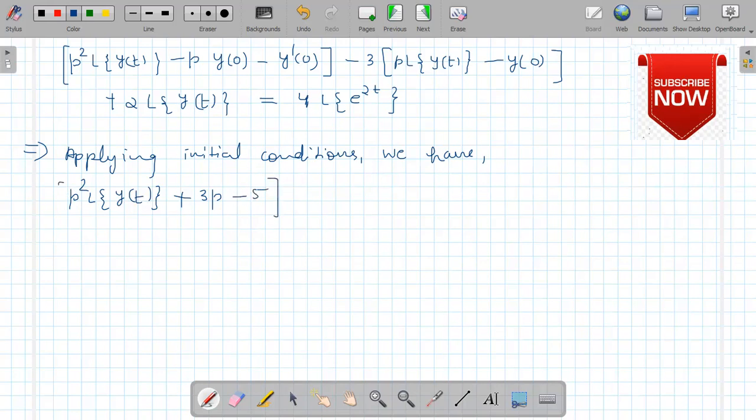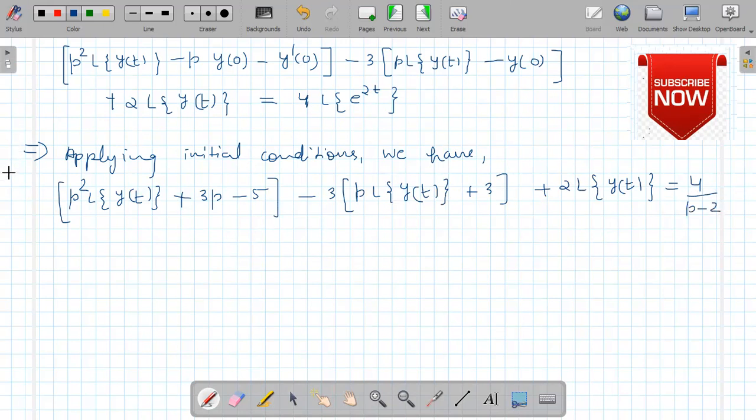Okay, minus 3 p into L of y(t) minus y at 0 is minus 3, so it will be plus 3, plus 2 Laplace of y(t) is equal to 4 upon p minus 2.